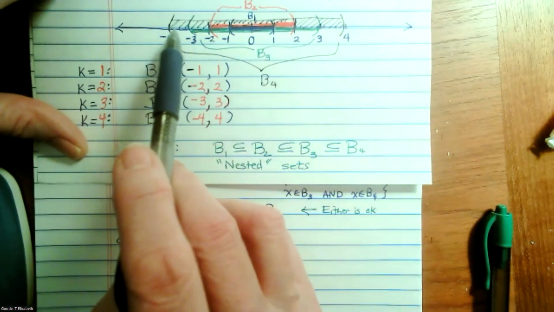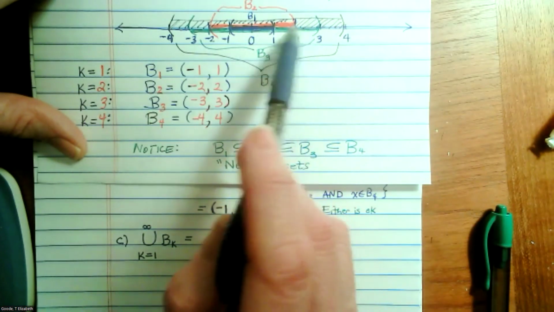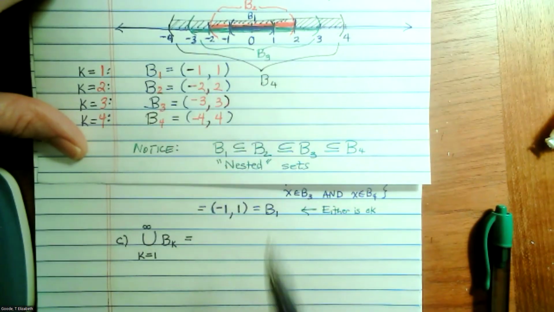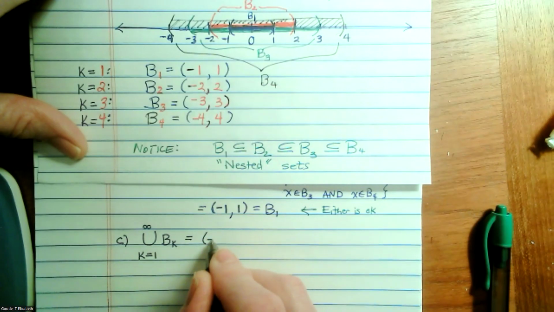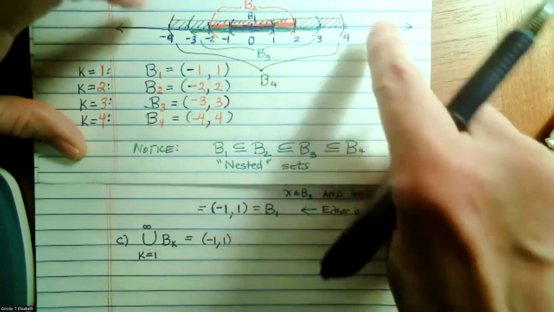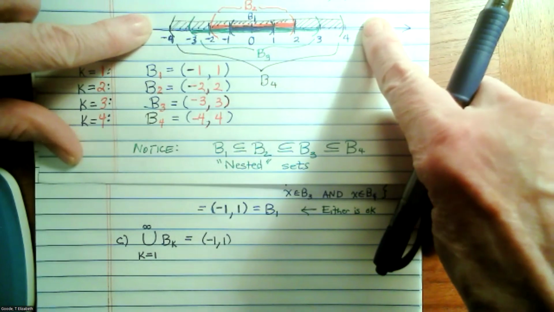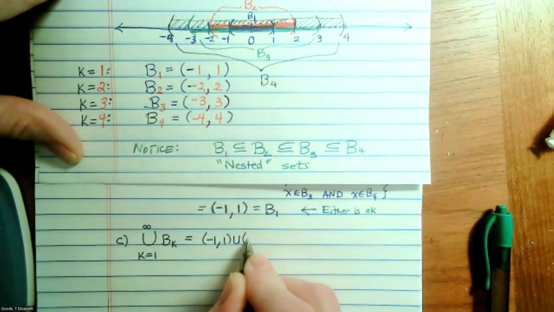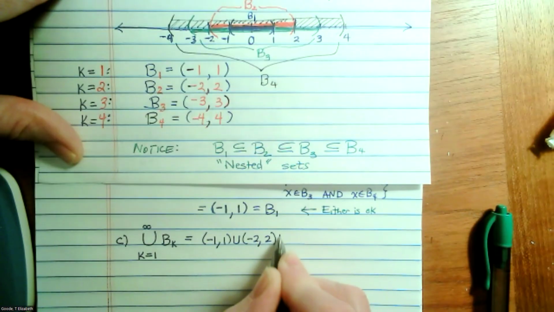And we're taking any element that was in B4 or B3 or B2 or B1, right? But if we go on forever, we're saying just keep playing this game. Just imagine you keep drawing them like B5, union B6, union B7. Keep on going forever and ever.